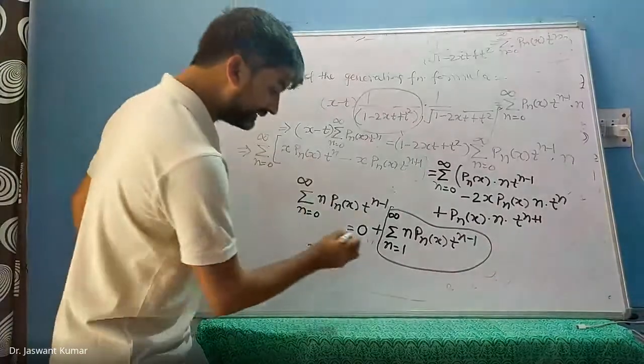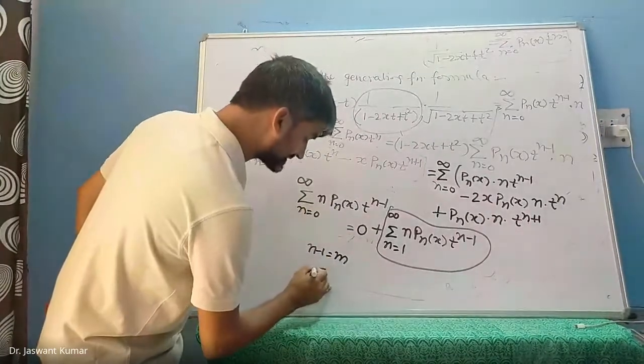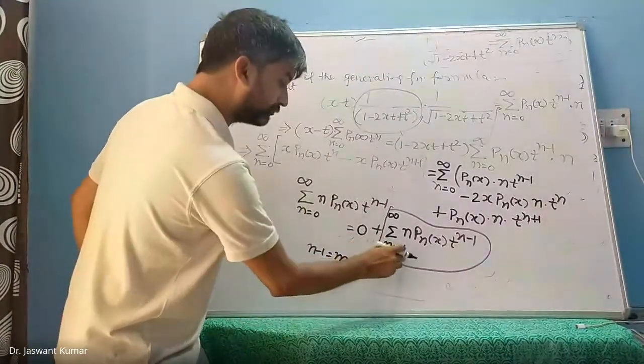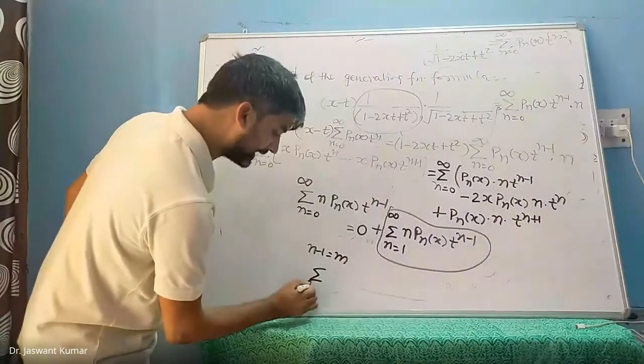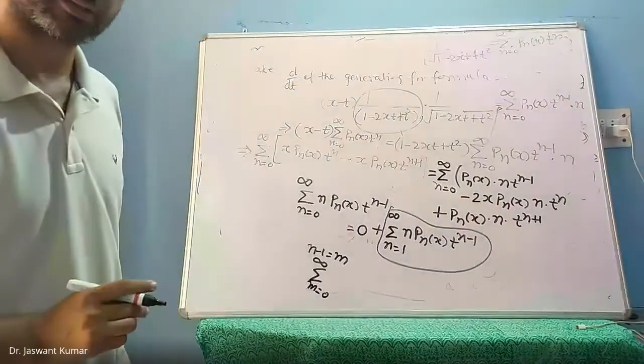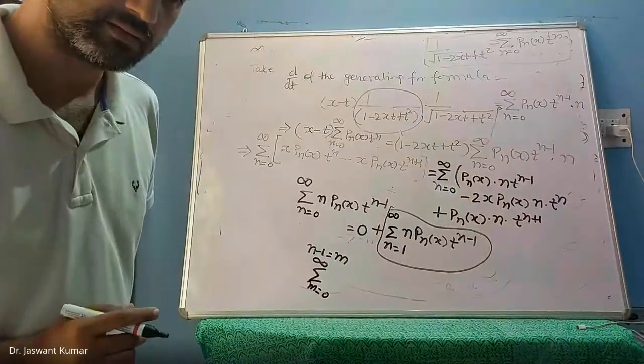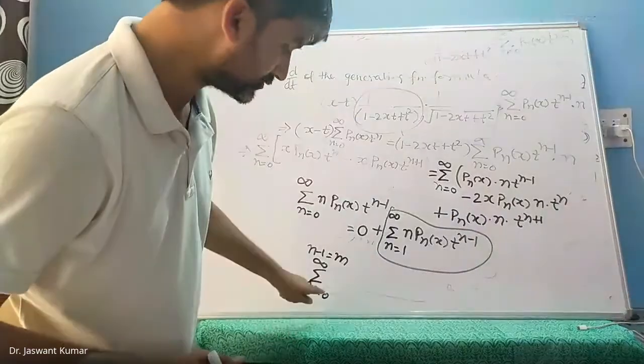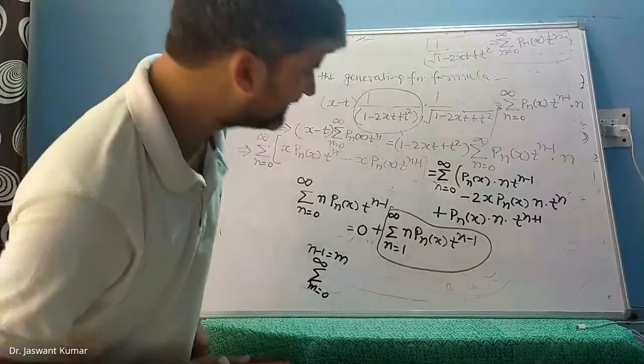If you put n minus 1 equal to m, then the summation which was going from n equal to 1 to infinity will go from m equal to 0 to infinity. Does it make sense or not? Can you see this?